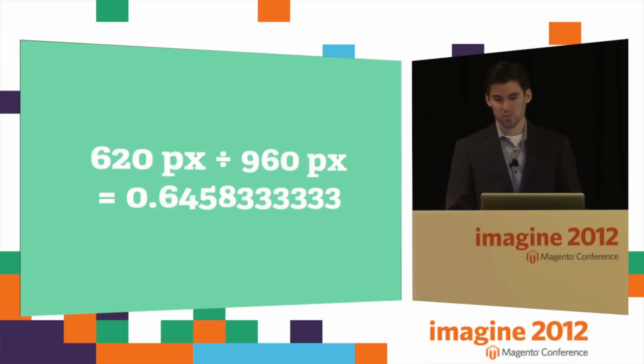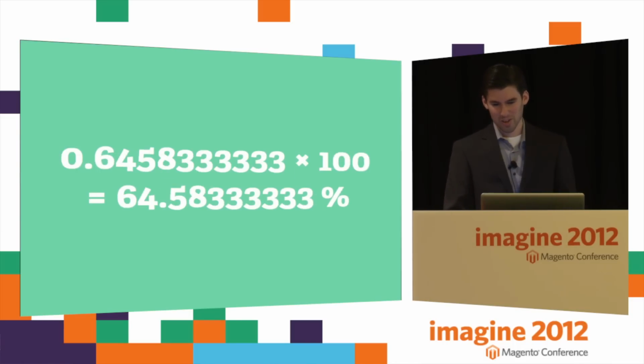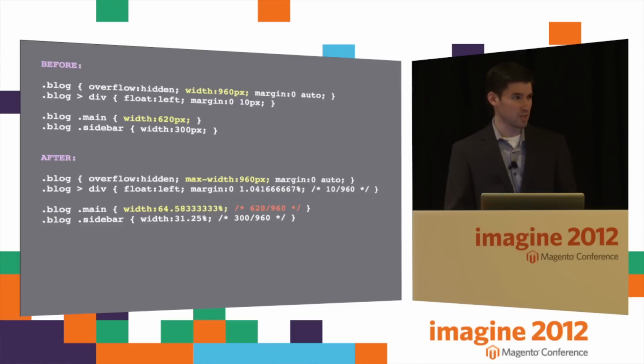So we have 620 divided by 960 equals a really long decimal. We multiply that by 100 to get a percentage value. And then we compare this to the fixed and relative CSS. Notice that we're also changing the width on blog to a max width of 960 pixels to prevent the container from becoming awkwardly large. That's all you need to do to get fluid grid proportions working.